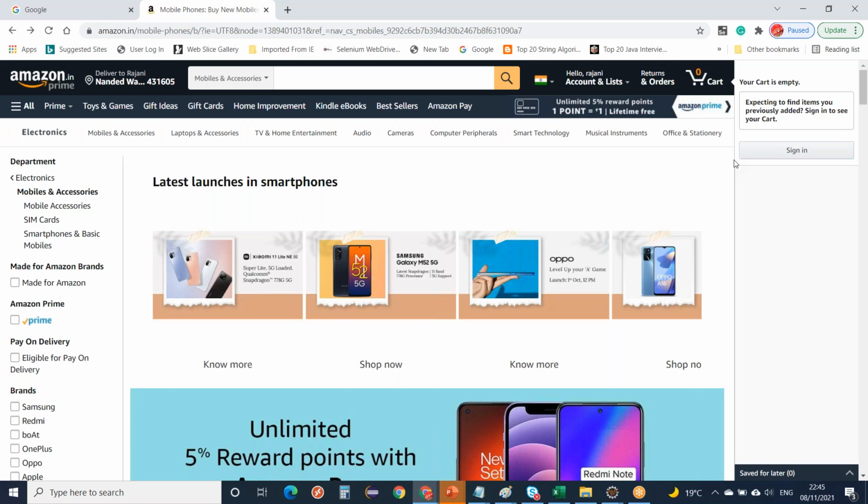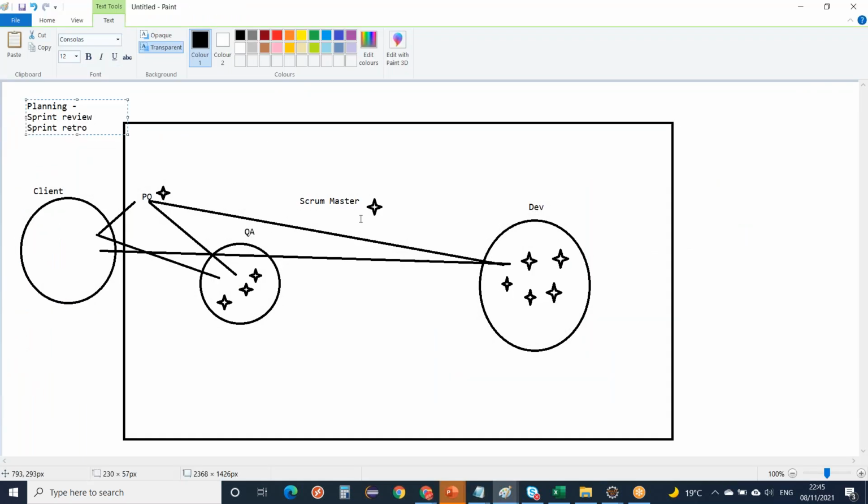Story points means what? How difficult it is; based on that we will be estimating the story points. If it is simple, 1 or 2 story points. If it is difficult, 3 or 5. If it is very complex, then 8, like that the story points will be given. The more complex it is, the more points.